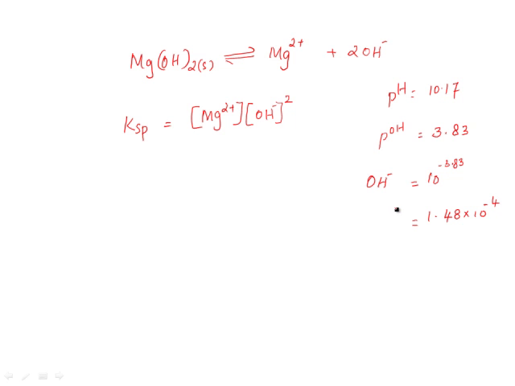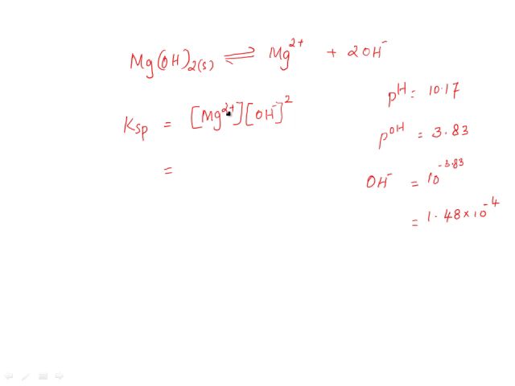Now in the Ksp expression, it is raised to the power 2. Now the total OH minus concentration is this. So we need the Mg2 plus concentration.